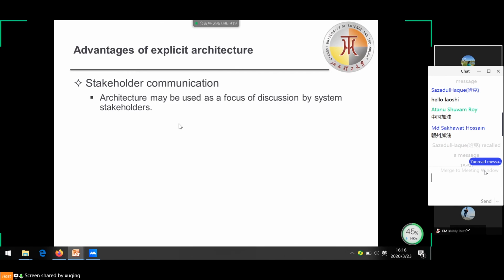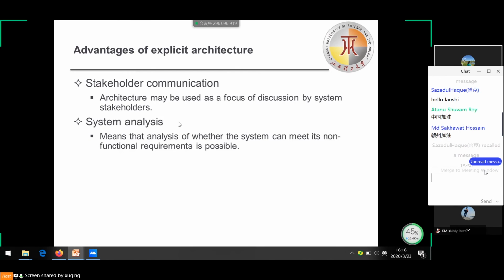The second advantage is that for system analysis, it means that analysis of whether the system can meet its non-functional requirements is possible. Here, making the system architecture explicit at an early stage in the system development requires some analysis.